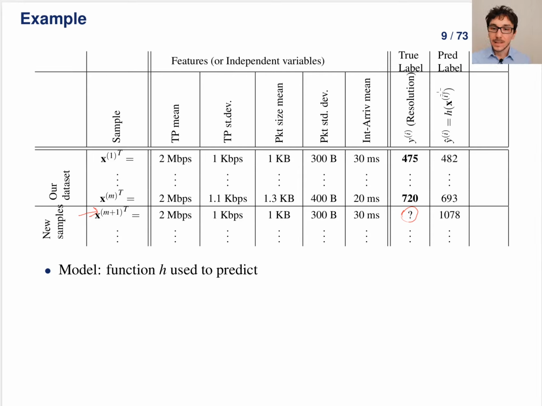And this model is nothing else than a function, this h here, which takes as input the features of your samples, this x, and gives in output the approximation of the label.